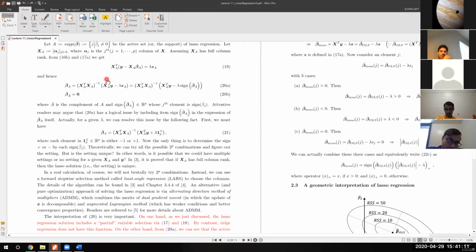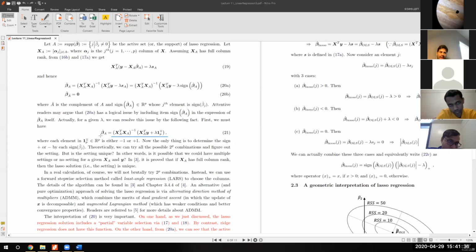Think about this. Suppose I have a beta AJ, and suppose I have this part. Suppose I let everything, for example, be positive. And I have a positive lambda here, and this part plus positive lambda is still positive.